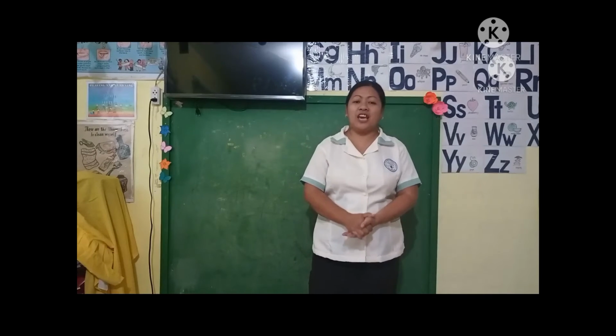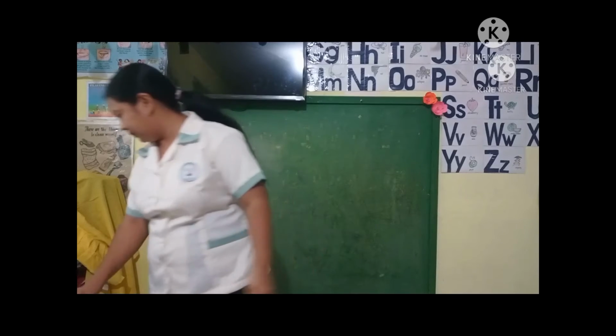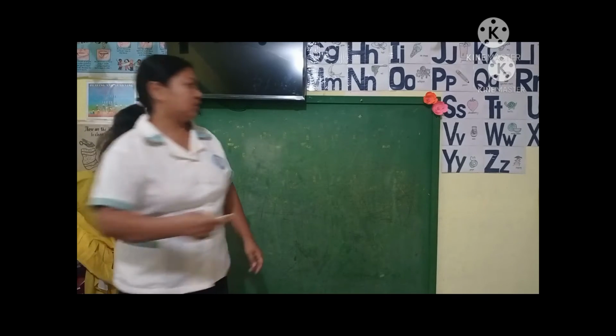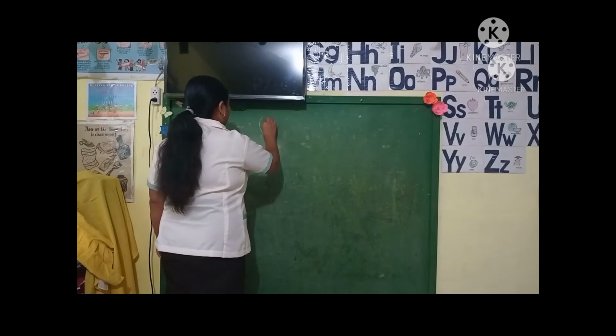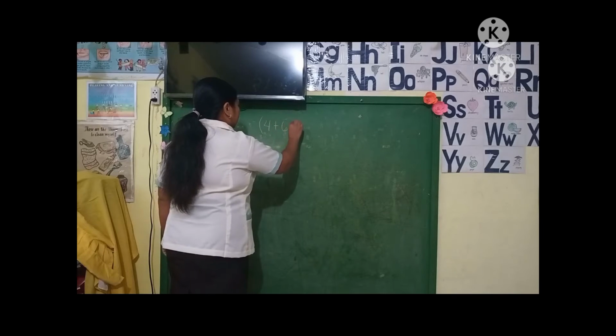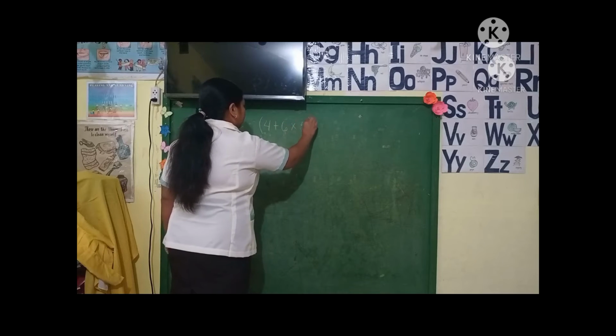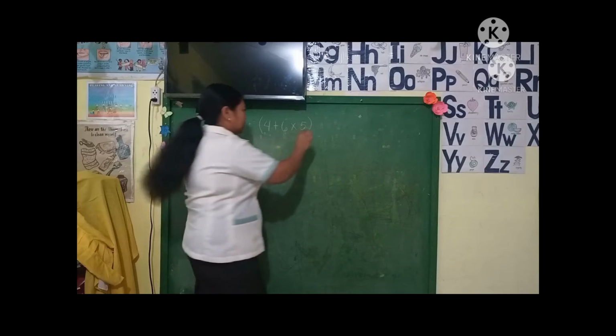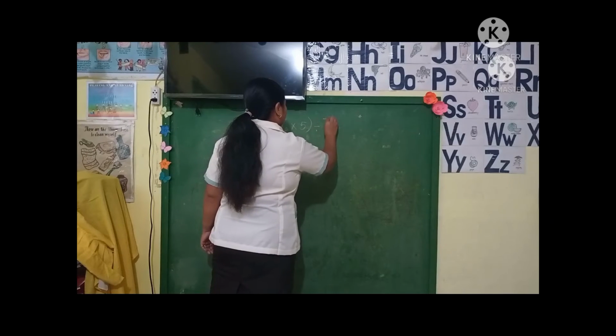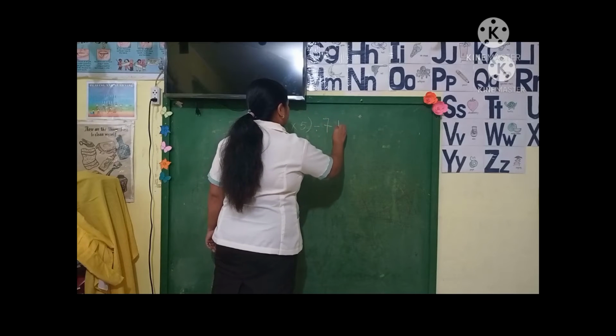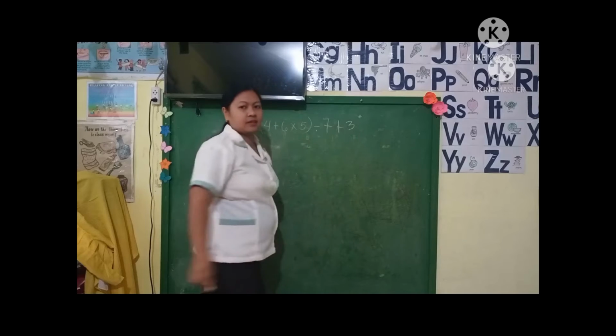Perfect. Today, I will write an expression on the board. This one. So, (4 plus 6 times 5) divided by 7 plus 3.